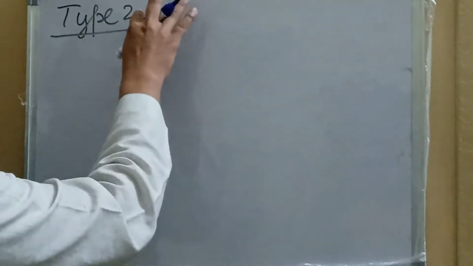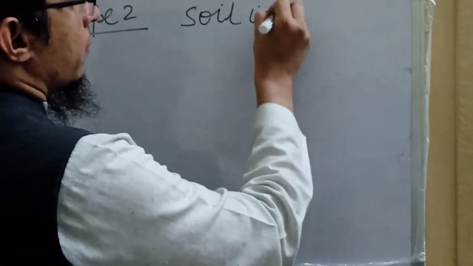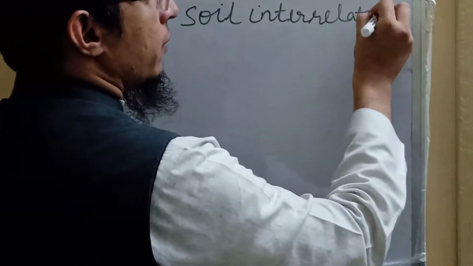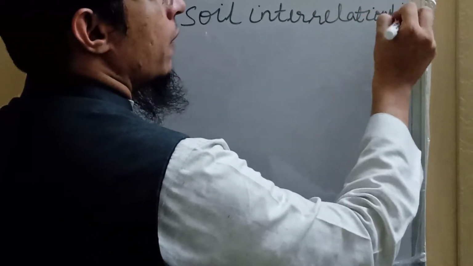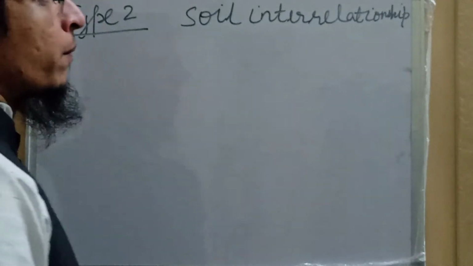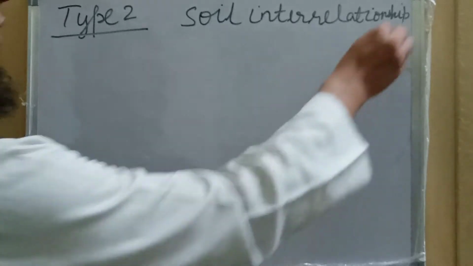In type 2 numericals we have numericals related to soil interrelationships between soil properties, and in this type of numerical, soil interrelationships will be used to solve the problem.